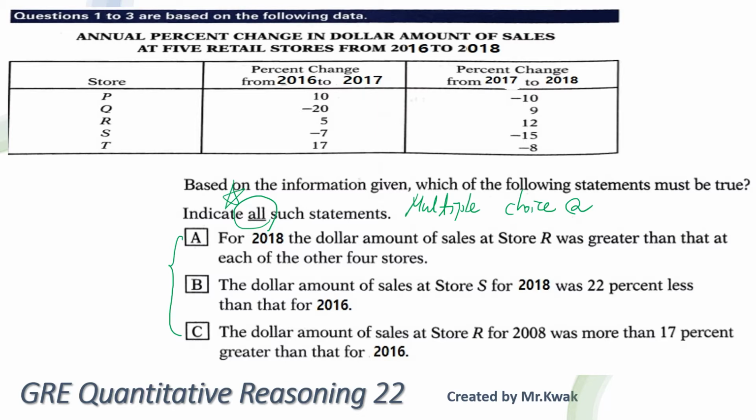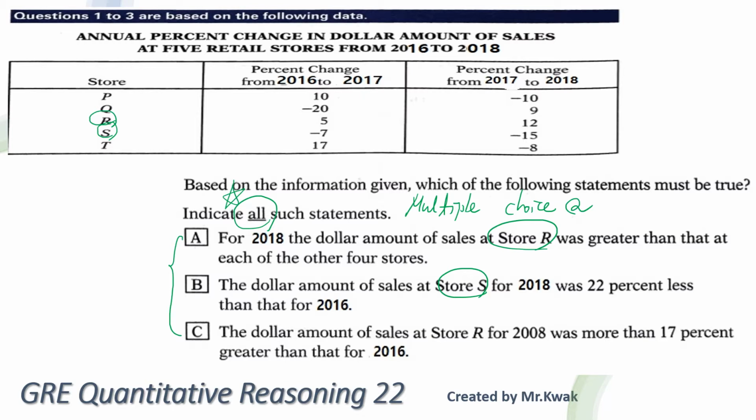Choice A, for 2018, the dollar amount of sales at store R was greater than that at each of the other 4 stores. B, the dollar amount of sales at store S for 2018 was 22% less than that for 2016.